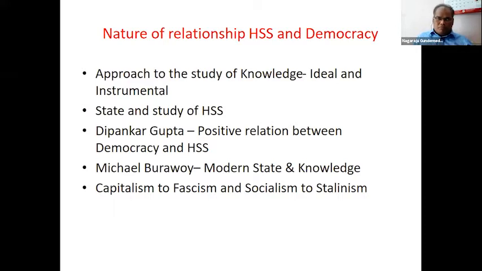So if you look at the nature of the state from Germany to the apartheid South Africa of 1994, the history and civilizational practices of a state primarily reveal that the state systematically used intellectual ideas as tools of governance.